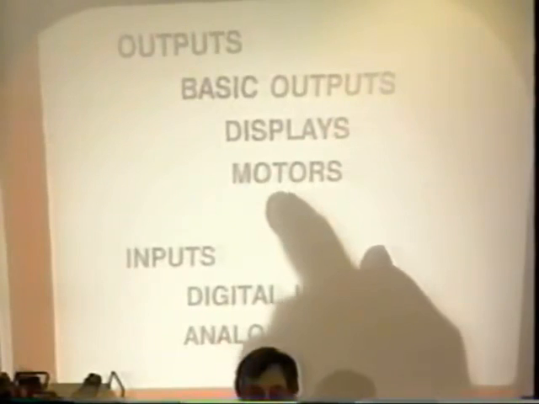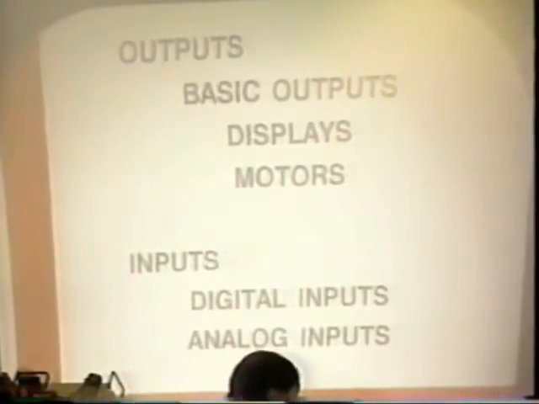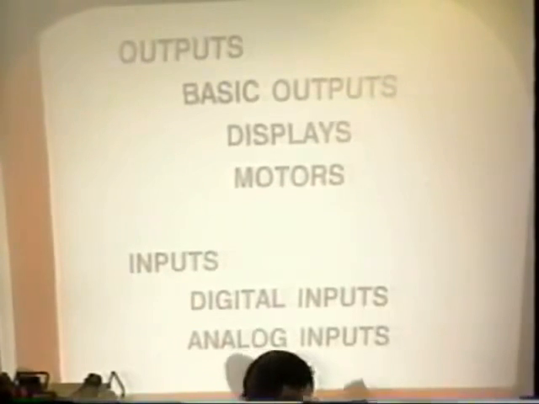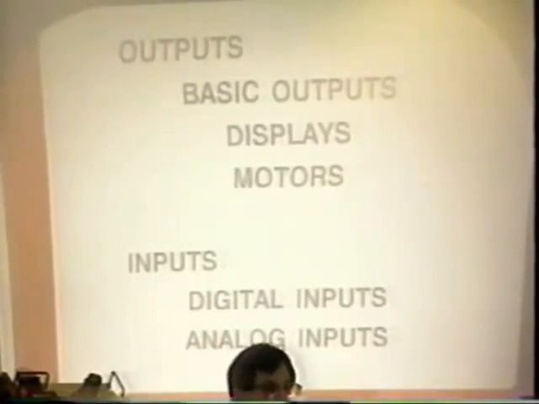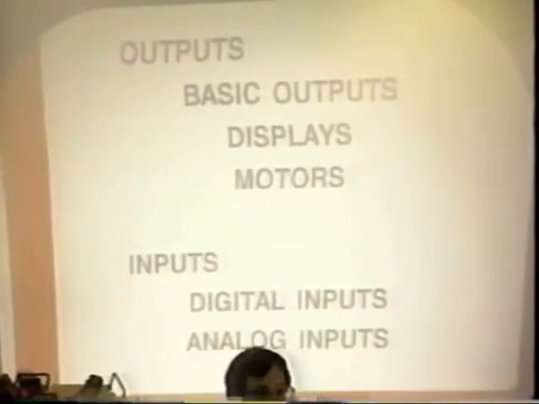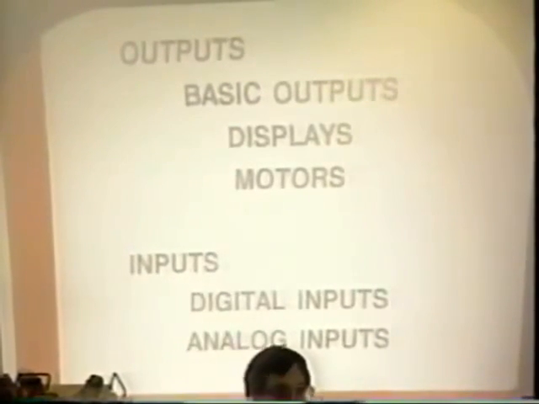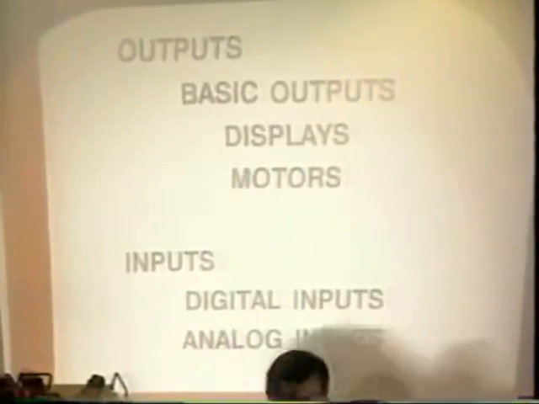And of course, we can control motors, stepping motors, servo motors. And the inputs would be either digital, where it goes high or low, or analog, like the temperature in the room in your house, which doesn't go this much, then this much, then this much. It's a smooth change, and that's called analog. And you can input analog to your computer. So we're going to look at some of those things.